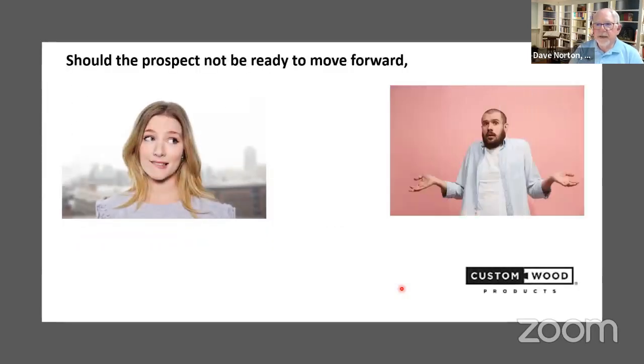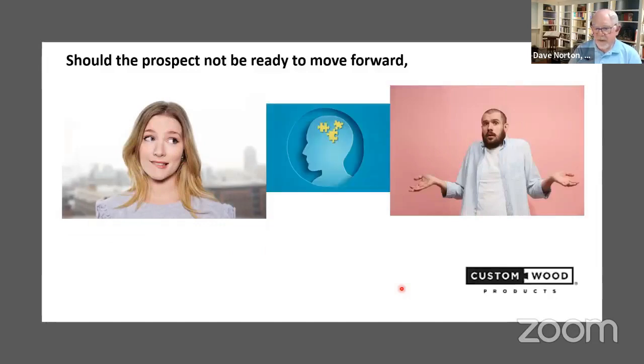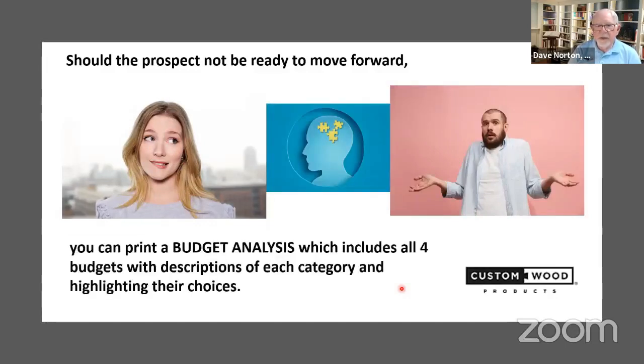Should the prospect not be ready to move forward yet, you can print a budget analysis which will include all 4 budgets with the description of each of those categories and highlighting their choices.